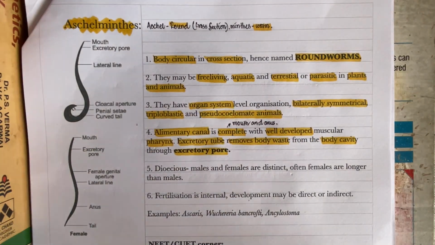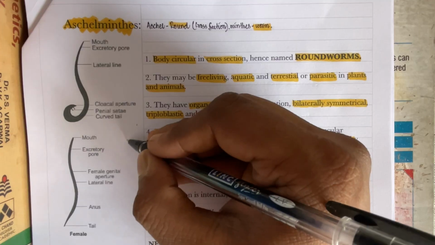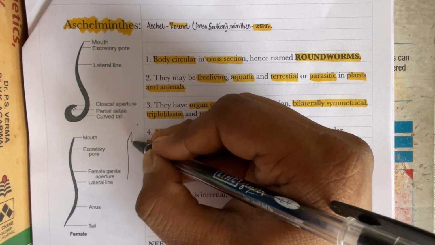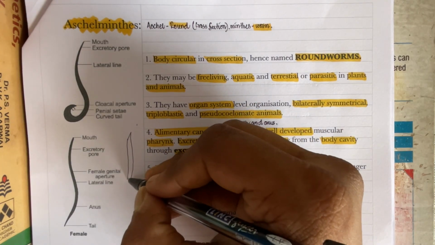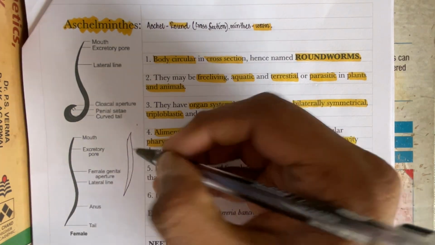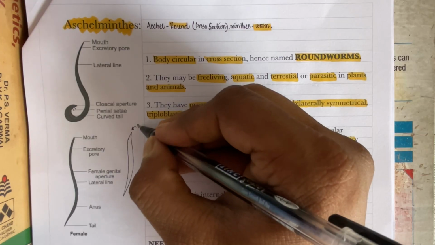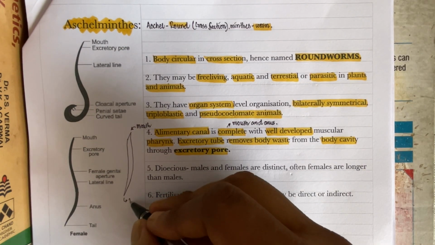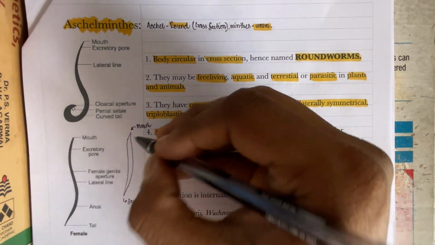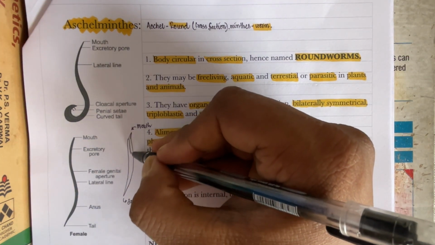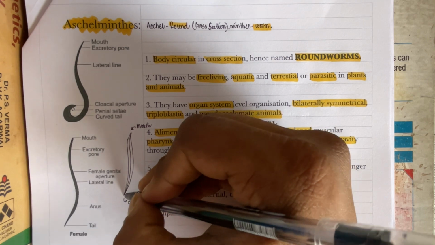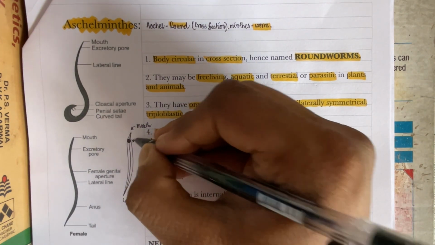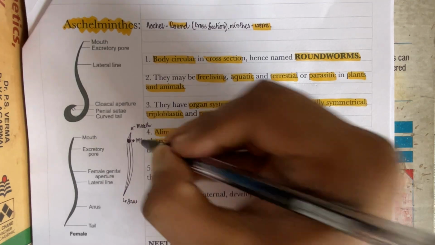Let us suppose I'm drawing the diagram here only. If we have a tube-like structure, let us suppose this is the organism. Just drawing a rough diagram to make you understand. At this portion we will have their mouth. At this portion they will have their anus. Obviously after the mouth, this is their complete alimentary canal. After the mouth, at this particular point somewhere, they will have the muscular pharynx, right?